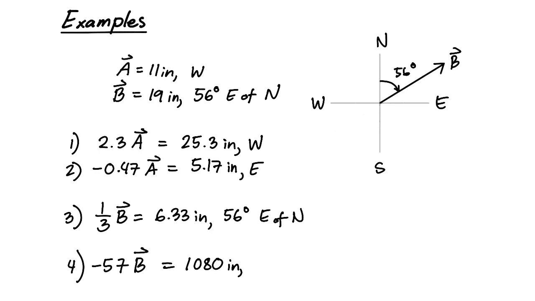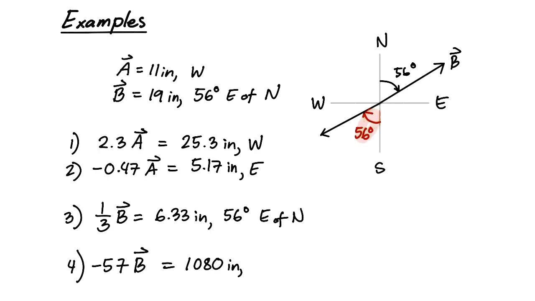Now, to reverse that direction, ang itsura niya, nung arrow na reverse ang direction, is ganito. Now, from your trigonometry, whatever the angle here, should be the same angle here as well. So if this is 56 degrees, then this should also be 56 degrees. Okay? So that is 56 degrees as well.